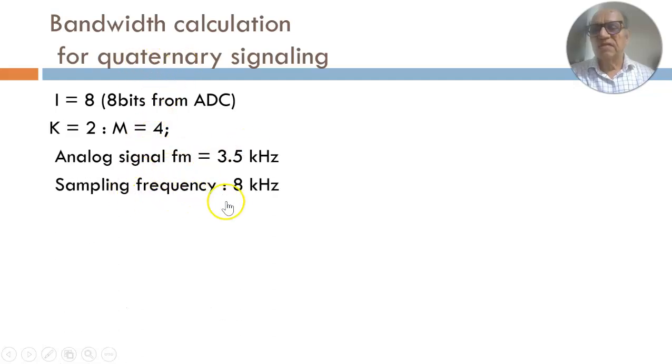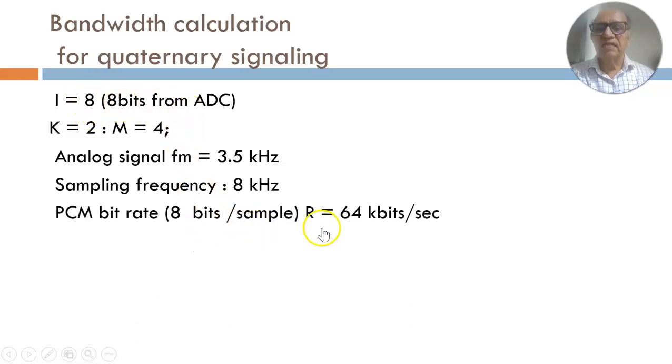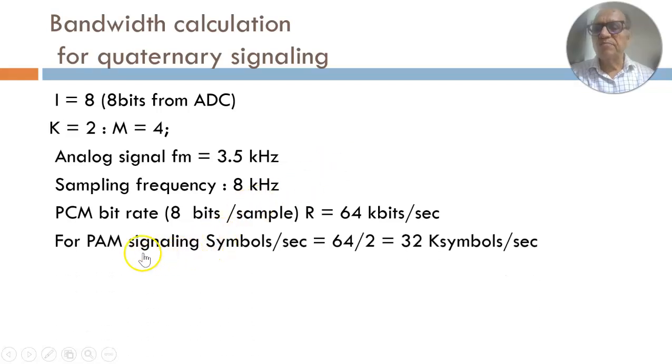Then the initial calculation, as we said, calculating the bit rate is similar because the sampling frequency is still 8 kilohertz and this is 8 bits from ADC. So your bit rate is R equal to 64 kilobits per second. But now what you are doing, you are grouping 2 bits and then coding. So you have to wait for 2-bit time before you code the symbol.